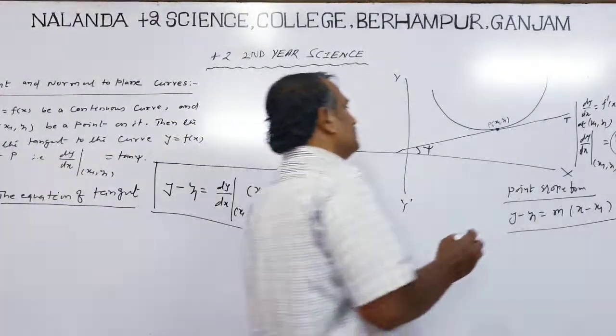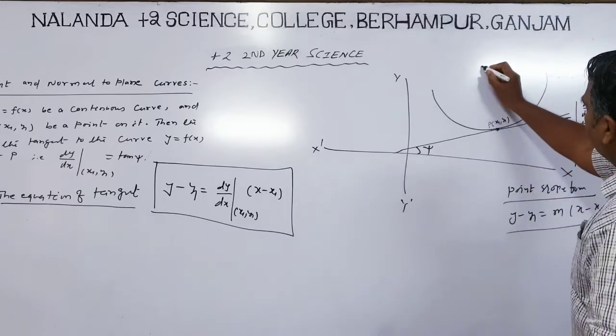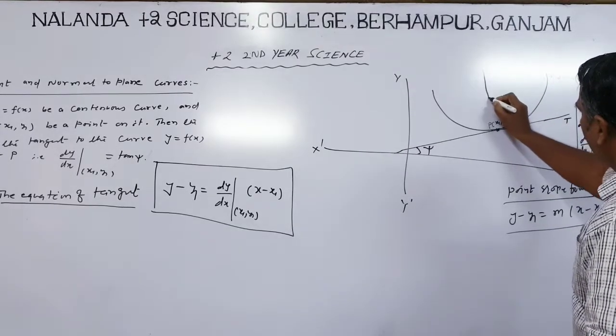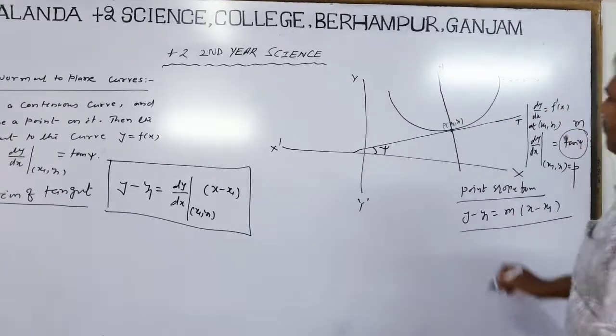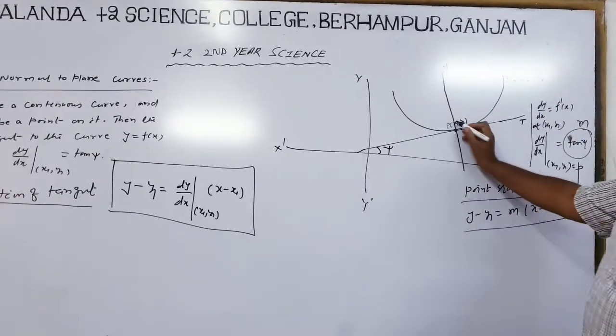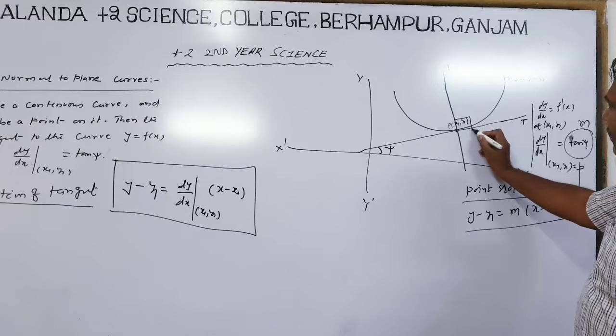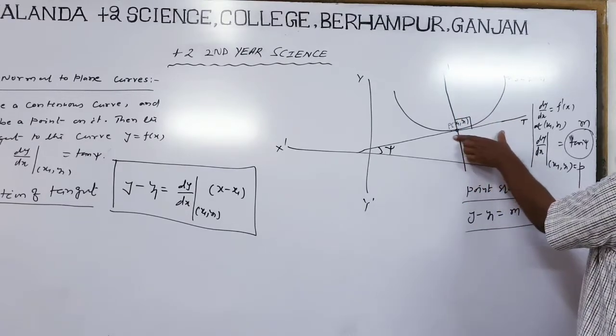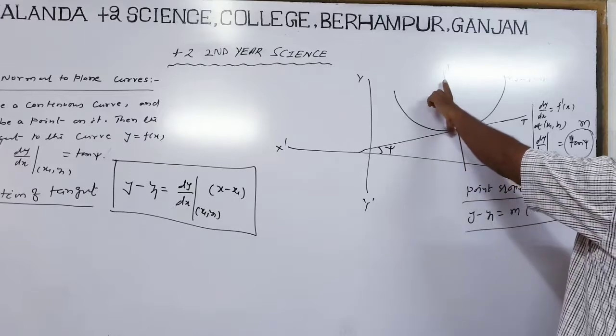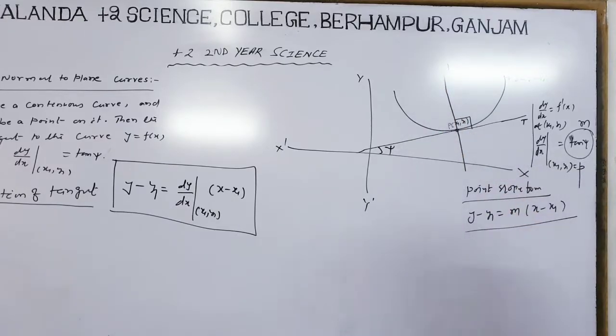Okay, next one is the equation of normal. This is PN, the equation of the normal. So these two are perpendicular to each other. So slope of the tangent PT into slope of PN equal to -1 because these two are perpendicular.